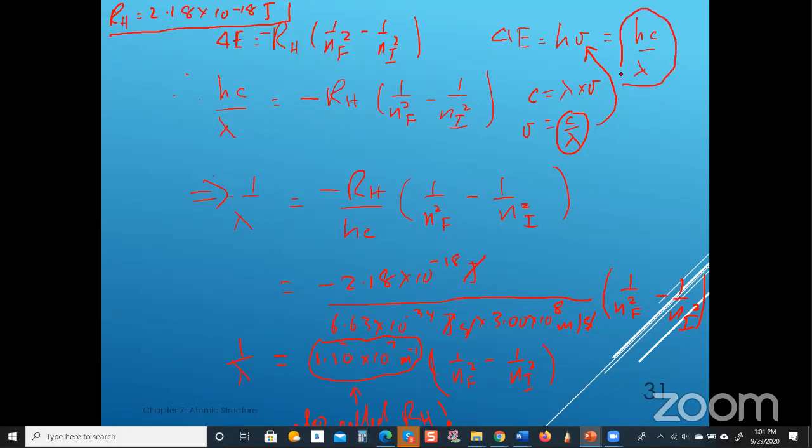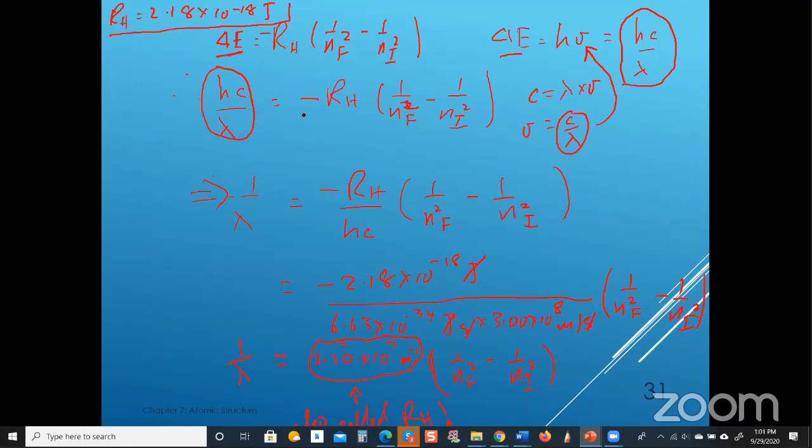All of this will come into play, as you're going to see shortly. What we're going to do next is that where there's delta E, we replace it with hc over lambda, because that's what we said over here. So hc over lambda is equal to minus RH times 1 over NF squared minus 1 over NI squared.